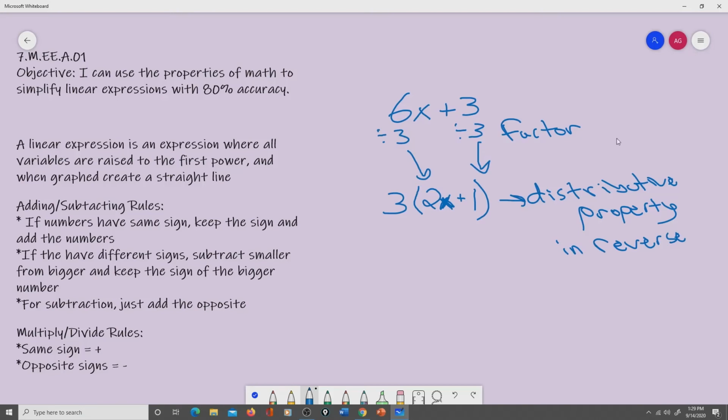And really what you want to be able to factor out is the greatest common factor, the GCF. So it becomes the GCF, and then in here you get term 1, and here is term 2. And that's really the GCF of those two terms. If 6 and 3, their GCF is 3. So we can do that, and we can find it in reverse.